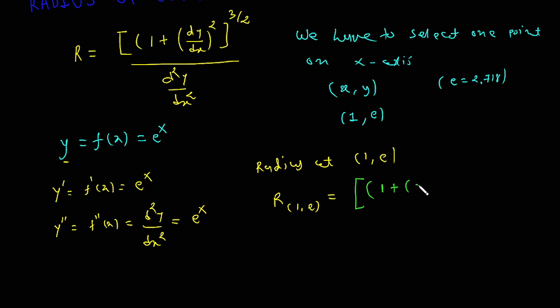We get e, and we have to square it, and also raise the power to 3/2. In the denominator, not square, we simply put the second derivative. Again we get e to the x, and x is 1, so simply e. Now put in the value of e, which is 2.718, and simplify it. Let's do it. What are we getting after the simplification?